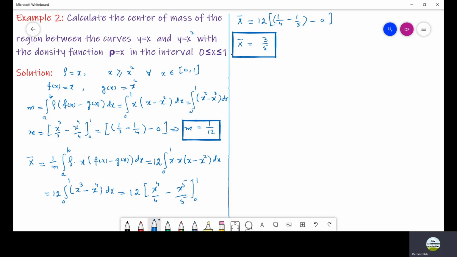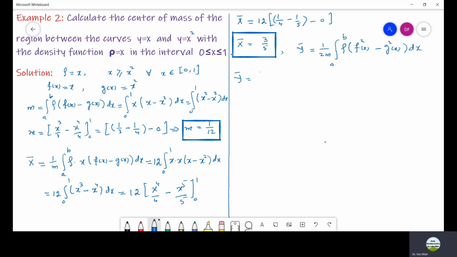And now let us find y bar. So y bar is equal to 1 over 2m, integration from a to b, rho into f of x square minus g of x square into dx.